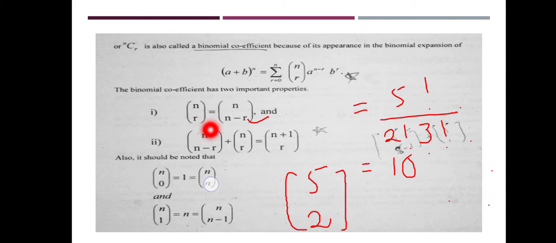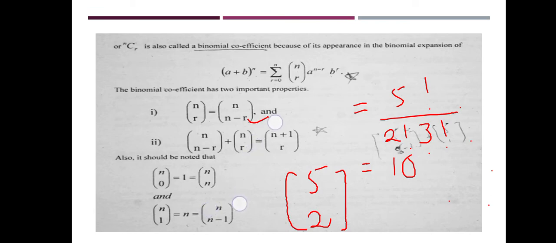And if nC(n minus r) is added to nCr, then the answer will be (n plus 1)Cr. The important results are to be remembered. Also, it should be noted that nC0 is equal to 1 and nCn also equals 1.